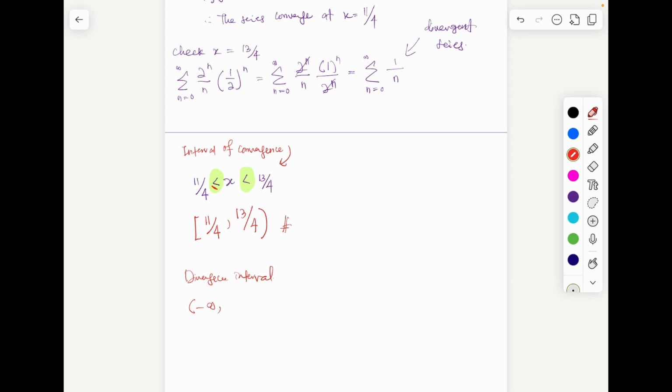I think there is a typo. Right, so for the divergence, it is negative infinity to 11/4, not including, and also including 13/4 to infinity, because at 13/4 it is divergent. But the question just asks about the interval of convergence. So this is the interval.